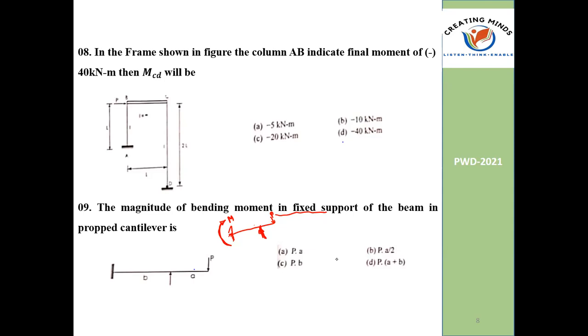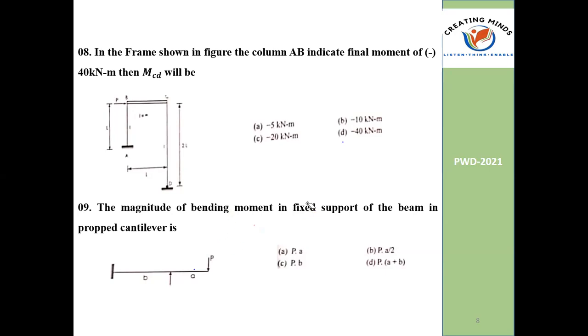Because we are converting this into moment, P into A. We are not going to consider this kind of overhang; we are converting that overhang into moment. Then for the direct question, what is the moment acting? P into A, whatever the kind of beam. The moment we apply directly, we have to consider that moment. Clear? It's a direct question.